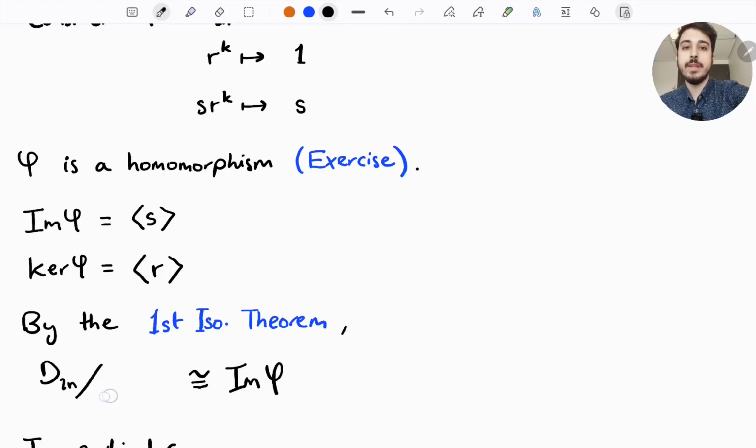And the kernel of phi is just the subgroup generated by R. The image of phi is the subgroup generated by S, and this is what we have as a result. This quotient group is isomorphic to this cyclic group of order 2.